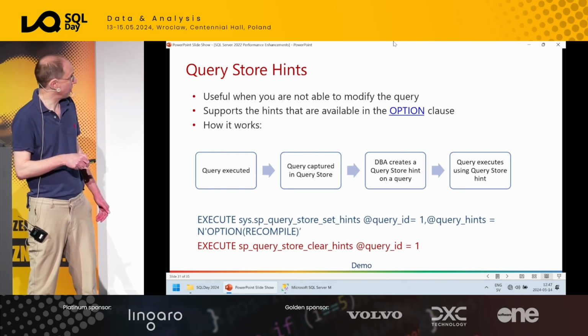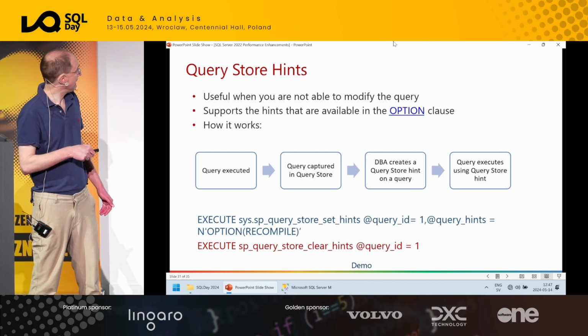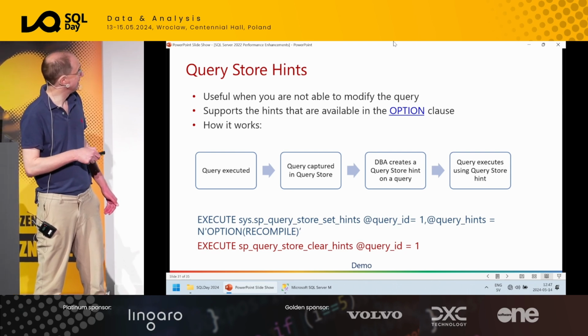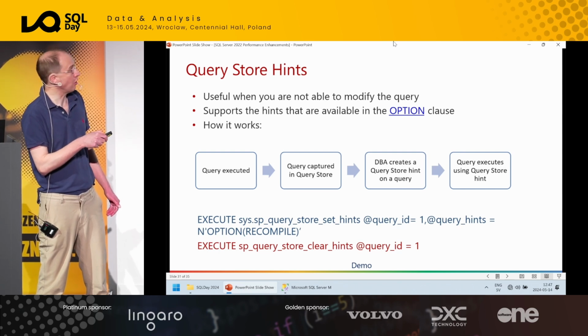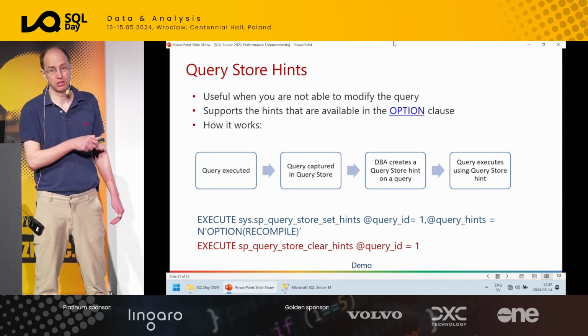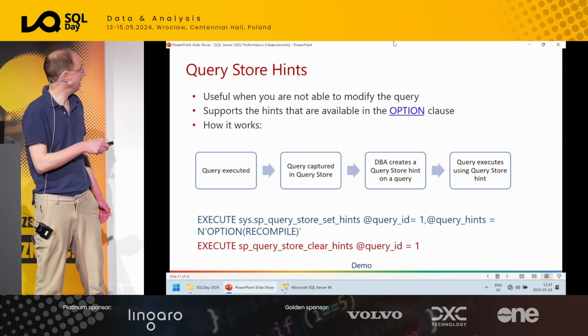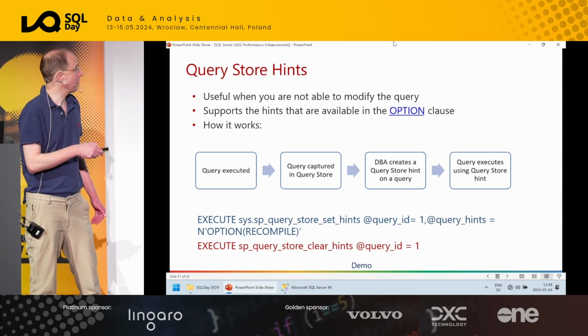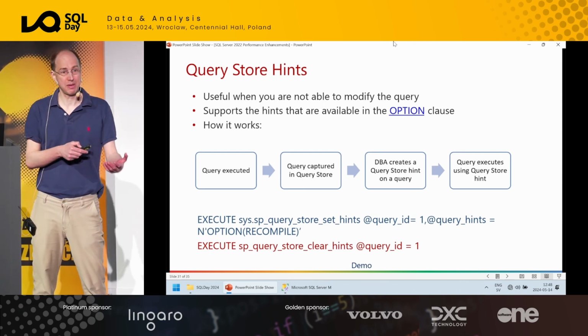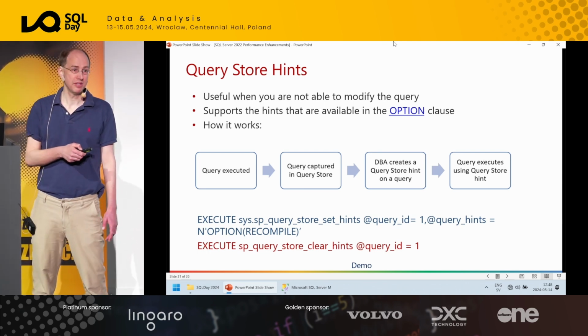So for example here, query 1 with a hint OPTION (RECOMPILE). And this works with anything that you can do in the OPTION clause. So it is really easy to use and very, very powerful. I can highly recommend you try it out when you have these kinds of problems.